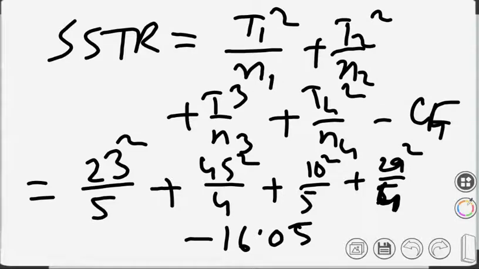So calculate: 23 square by 5 plus 45 square by 4 plus 10 square by 5 plus 29 square by 4 minus 16.05 equals 826.25.